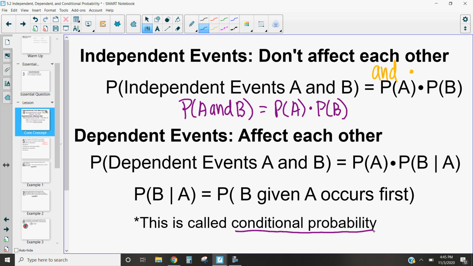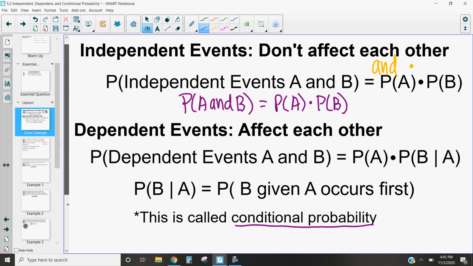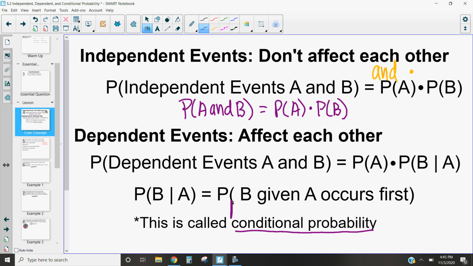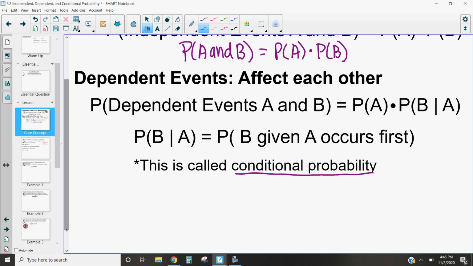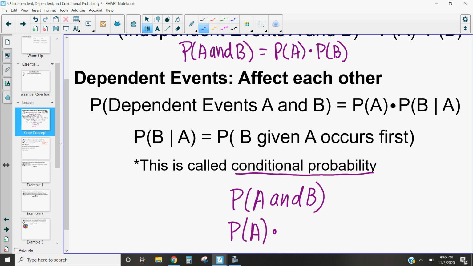So for the probability of A and B occurring if they're dependent events, we want to find the probability of A occurring first times the probability of B occurring, but B has to occur given, that's what this line means here, given that A happened first.